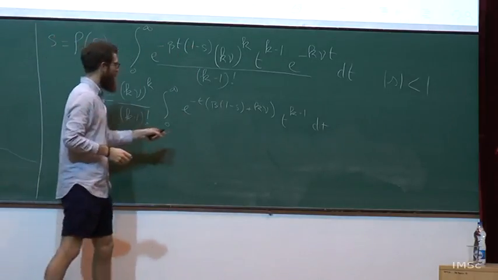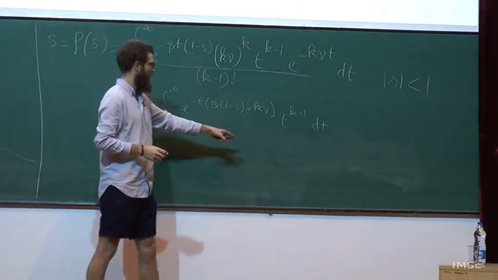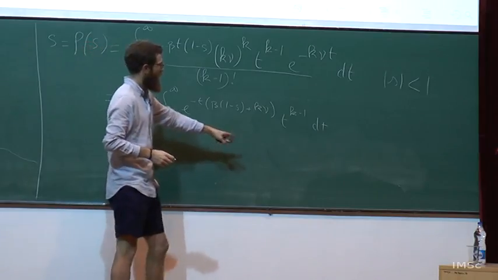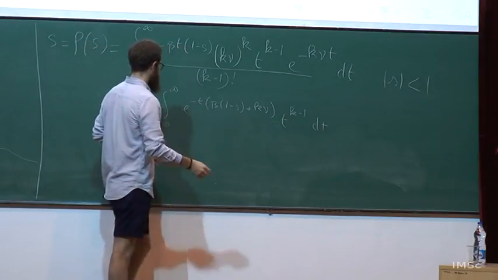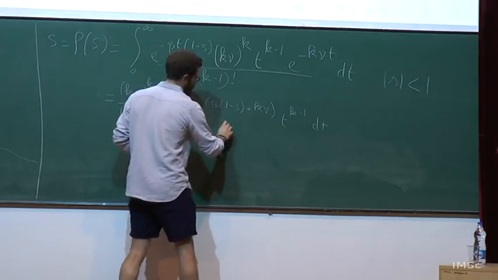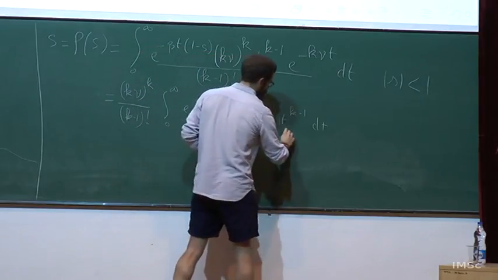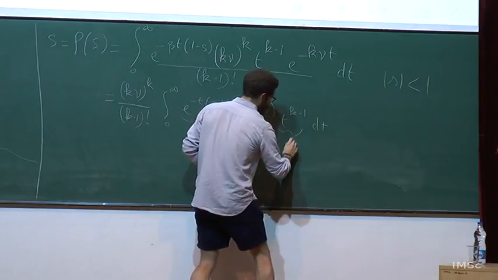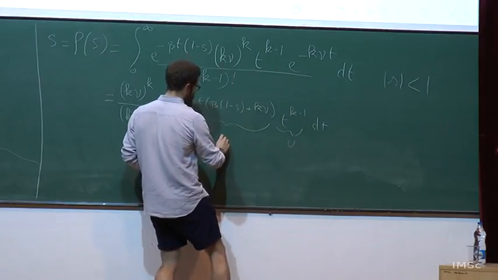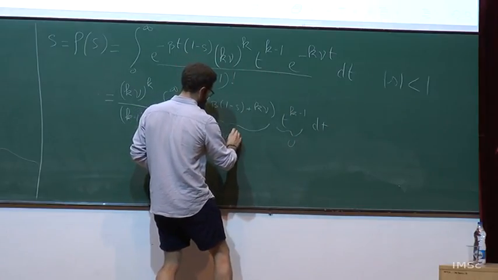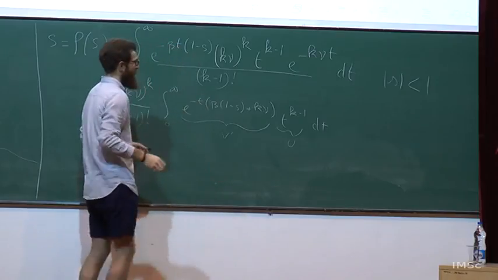And to integrate this, unless you know exactly the solution, you can do it by parts. So you define this to be u and this to be v prime.